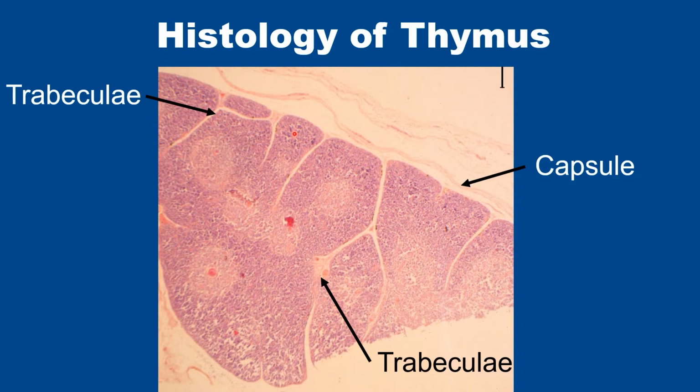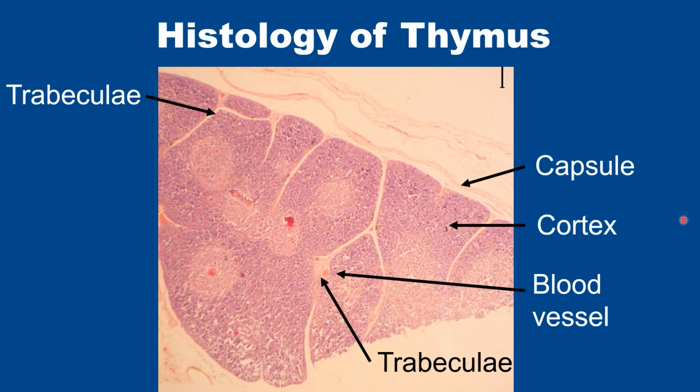Through this trabeculae, blood vessels enter into the substance of the thymus. This trabeculae divides the thymus into incomplete lobules.